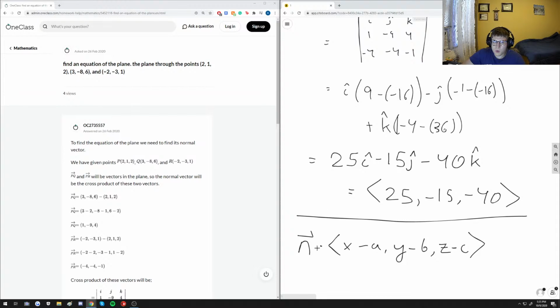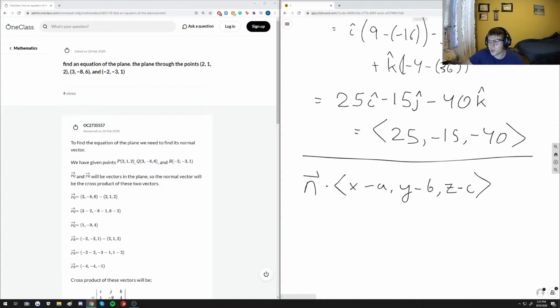Because we already know what the normal vector is, the line you can draw with any of the points on the plane is going to have this normal vector. So as long as we pick one arbitrary point a, b, c, we can solve this, and also you have to set this equal to 0.